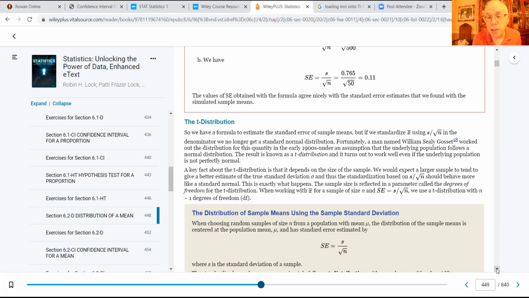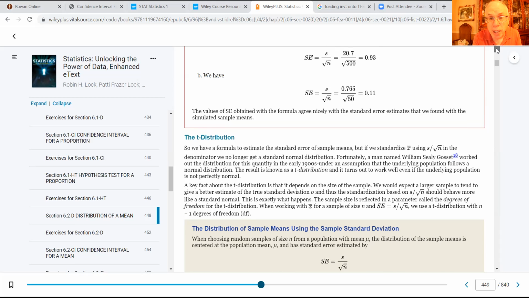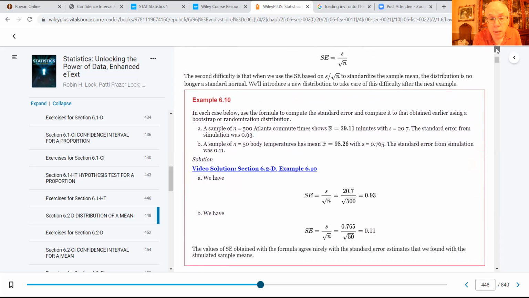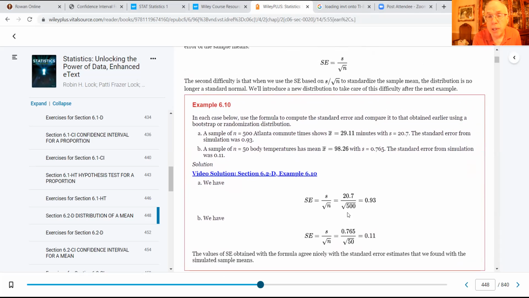Now, how do we calculate degrees of freedom? It is very easy in this case. It is simply the sample size minus 1. So, for example, the case we were just looking at, where the sample size is 500, the degrees of freedom would be 499.